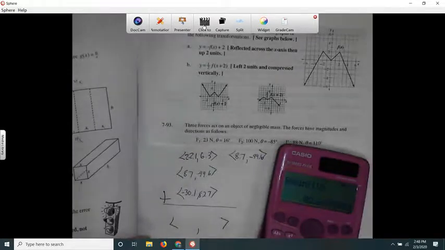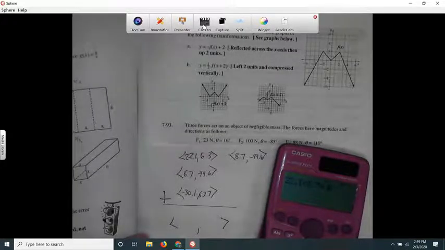So let's see, 22.1 plus 8.7 plus negative 30, I went minus plus minus plus. Delete. Do I have a delete button?